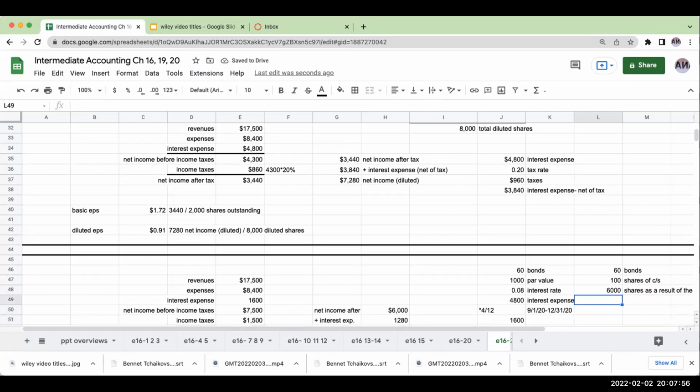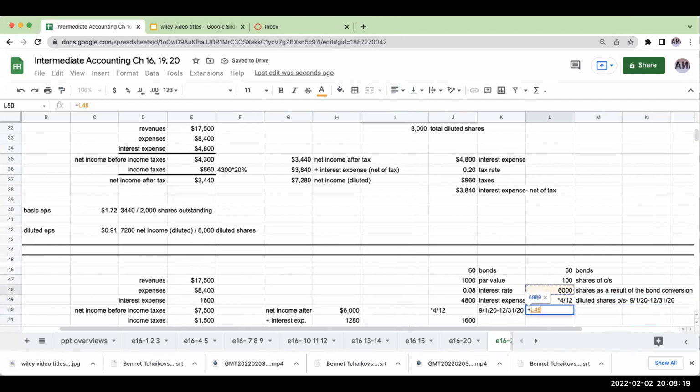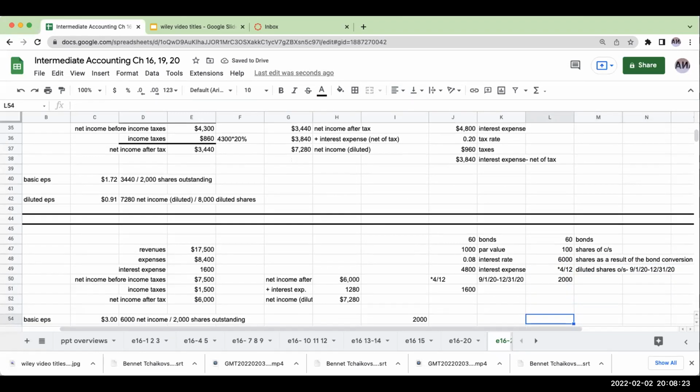But these bonds were issued on September 1st, so I need to multiply this amount by 4/12 to get the shares that are actually going to be outstanding, the shares from 9/1/20 to 12/31/20. So I'm going to take 6,000 times 4/12, and I'm going to get 2,000.